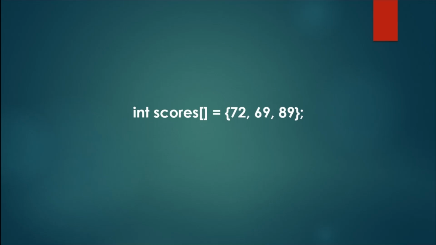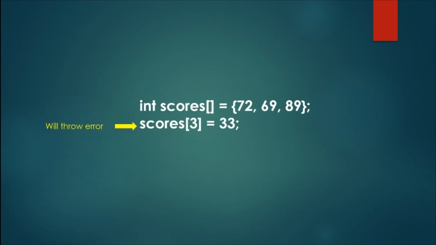It's also worth mentioning that once we define an array of a specific size, we cannot resize the array. For example, if we wanted to add a 4th value to this array by using a line of code like scores bracket 3 is equal to 33, then this is going to throw an error because this array is of size 3, not size 4.